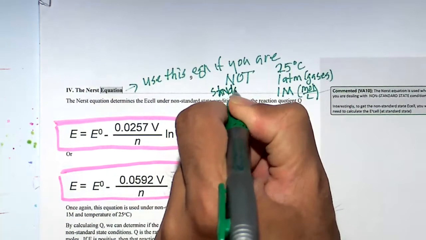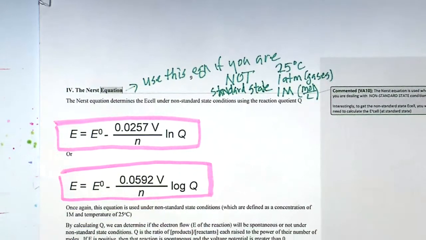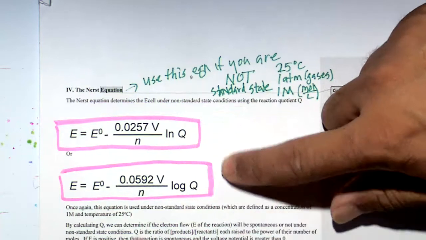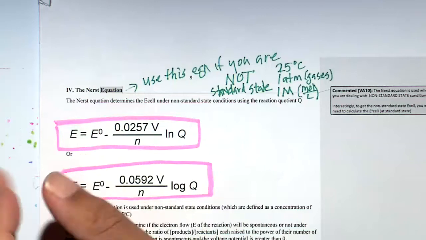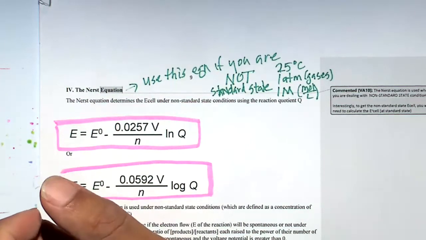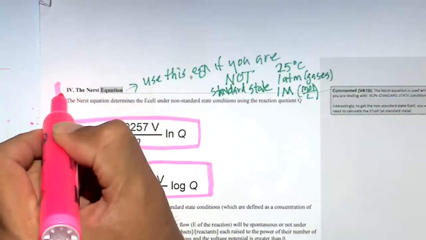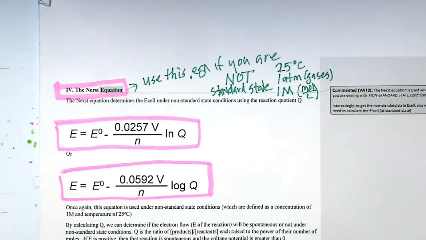If you're not at standard state, you will use these equations for conditions other than standard state. Once again, we have the natural log form and the log form. I'll give you these on the exam. You just have to know how to use it, and you need to know what the Nernst equation is for: you have to identify when you will use this equation.